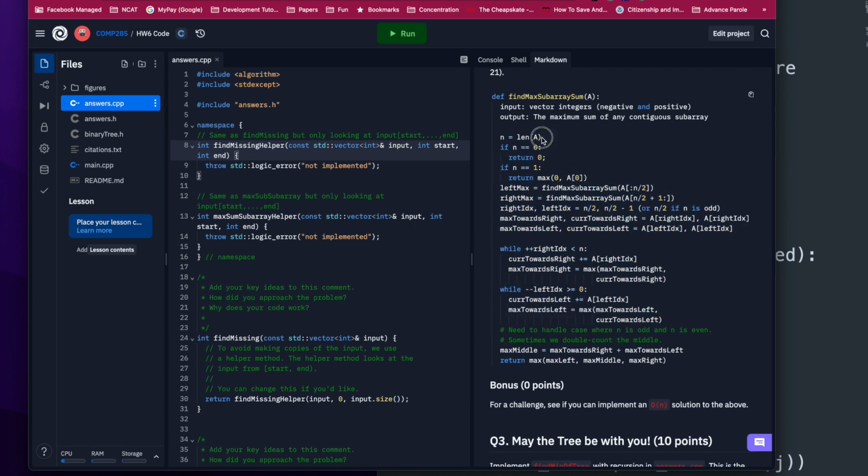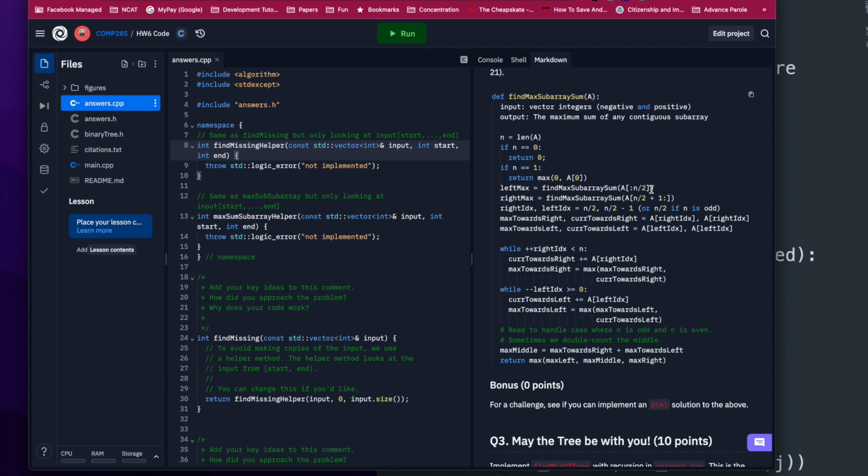Again, same idea. The length is actually the end minus the start, and then anytime you see an A0, you have to remember that we're looking at the subarray from start to end. So A0 really means a start. Similarly here, when you see the syntax that's saying look at the left half of the array, we're talking about the left half of the array that we're looking at currently, not the left half of the input, right?